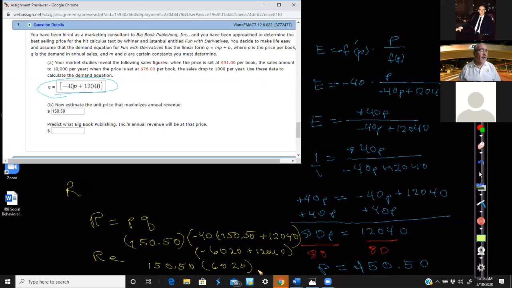This will sell 6,020 books at a price of $150.50. Come up with a value, I ran out of space because it wasn't writing up here, of $906,010. Almost $1 million. Let me do that one more time. 150.5 times 6,020. That's what I get.